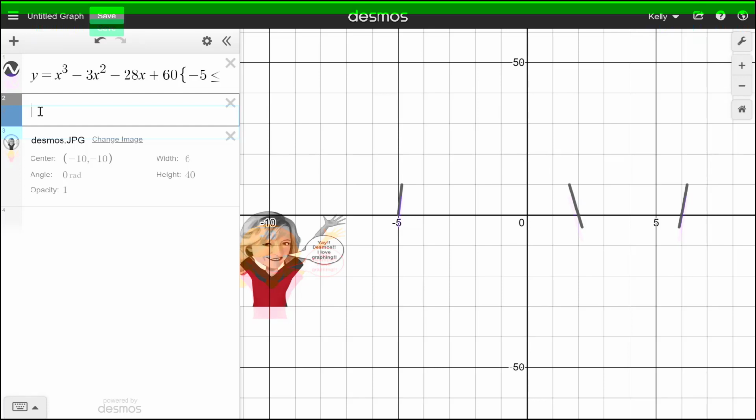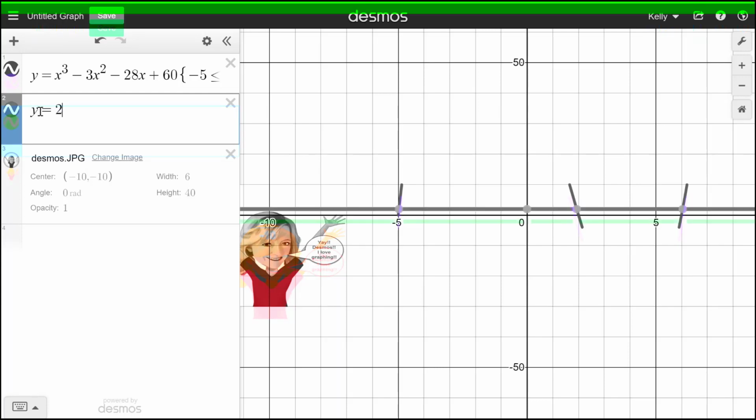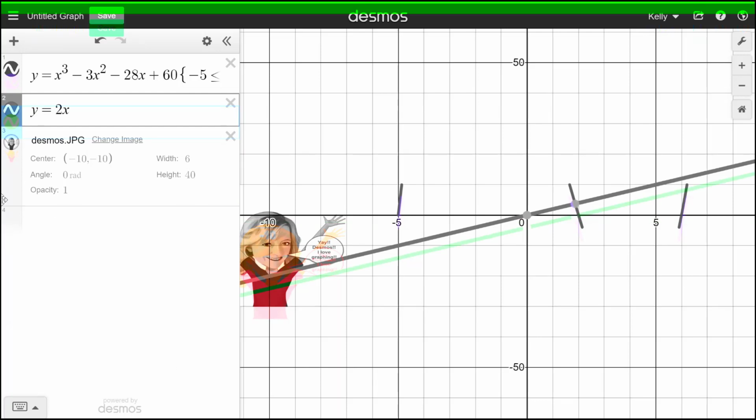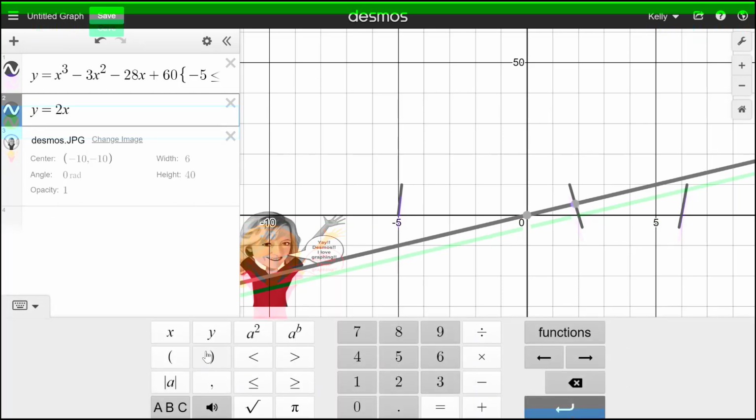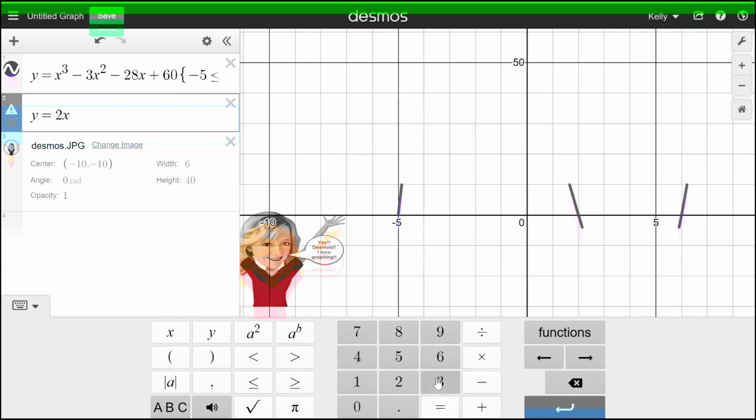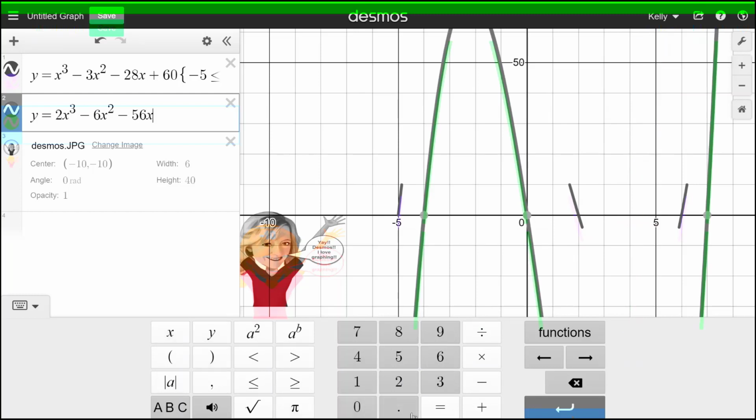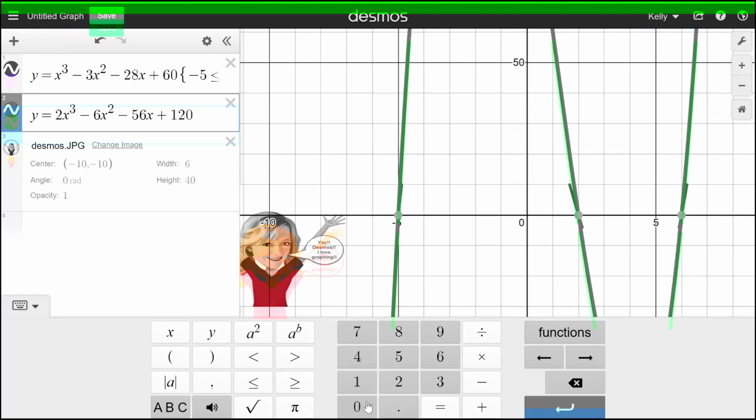We're going to go y equals 2x to the third minus 6x squared minus 56x plus 120. See what happens there? They still have the same solutions. They still have the same x-intercepts.